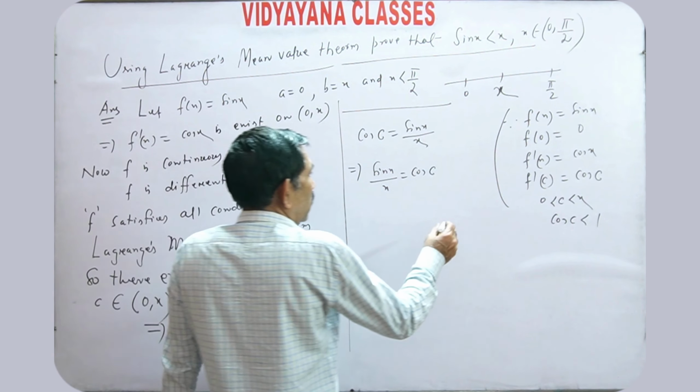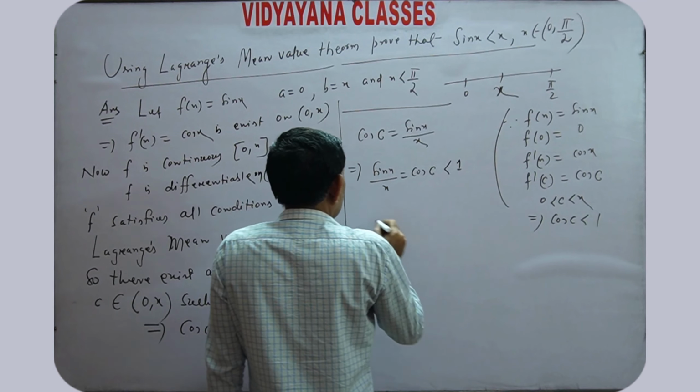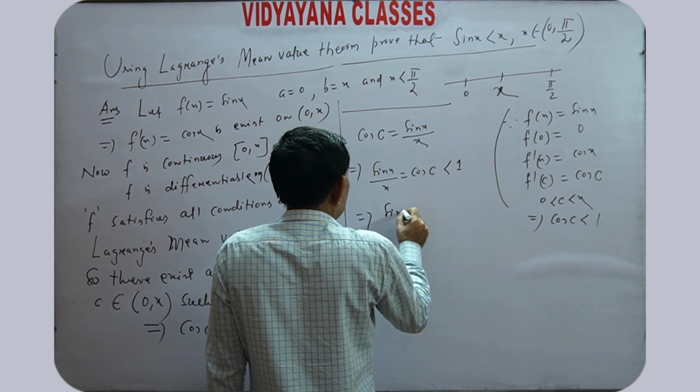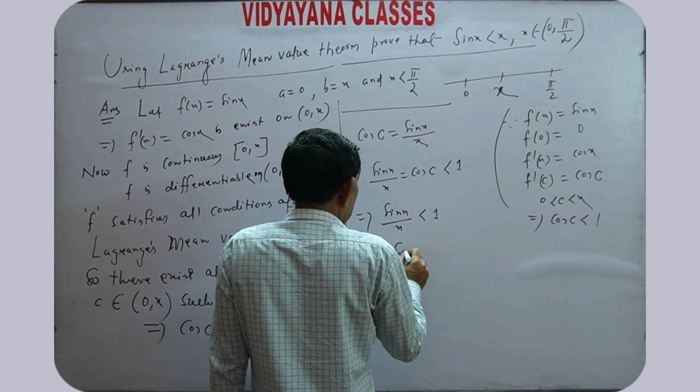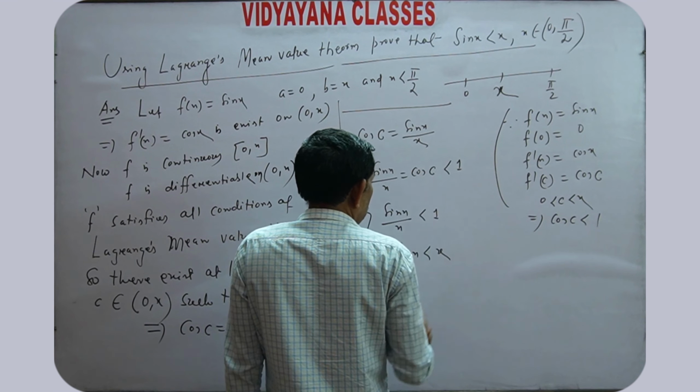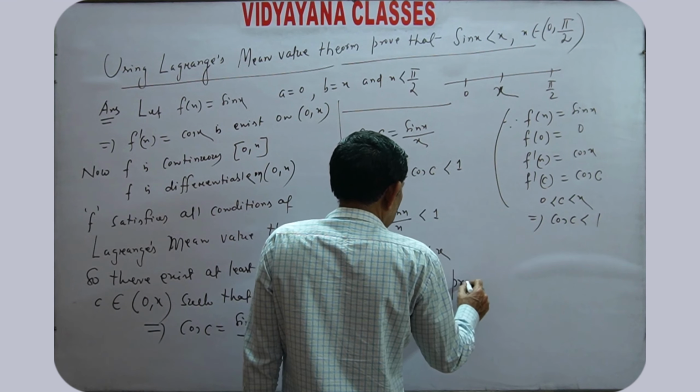Clear? Less than 1, which implies sin x divided by x is less than 1, which implies sin x is less than x. Hence, proved.